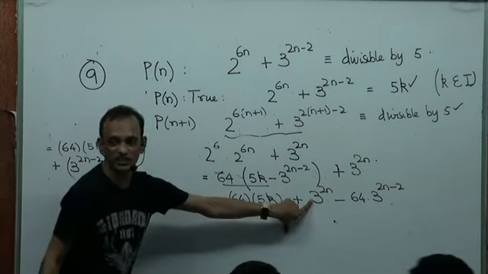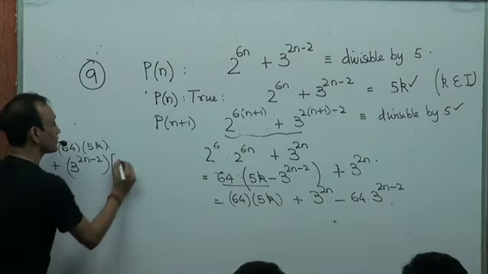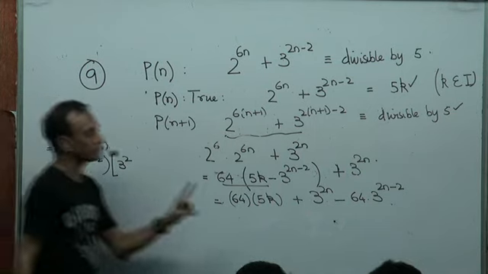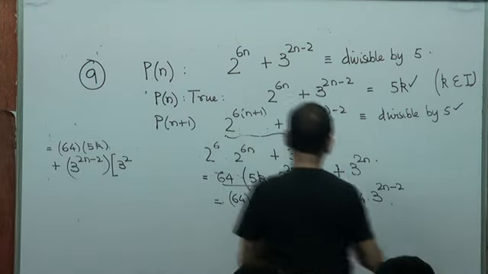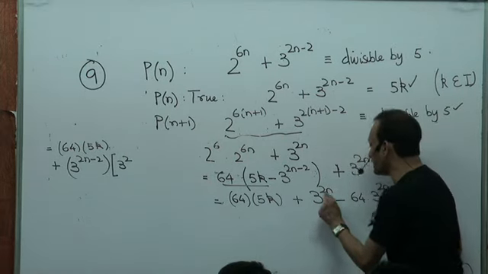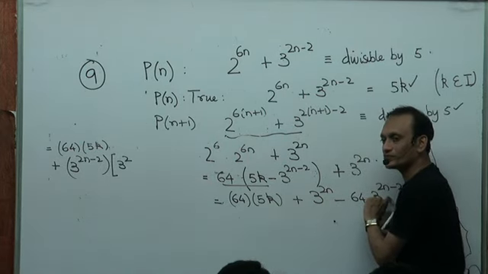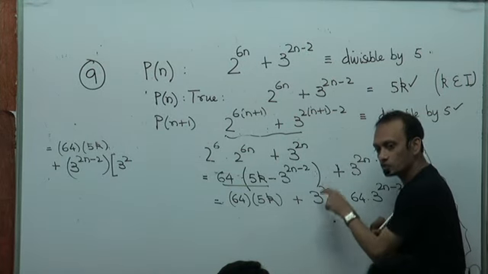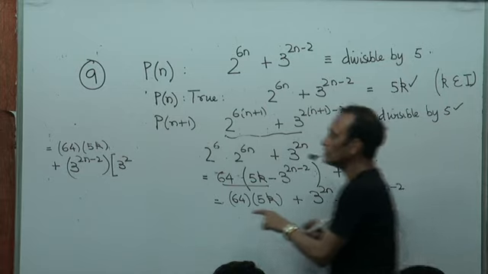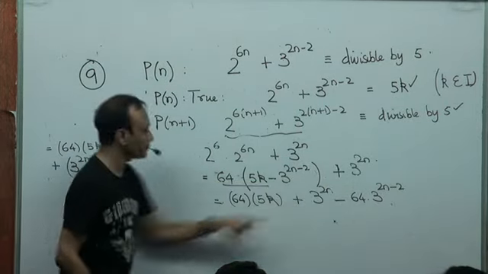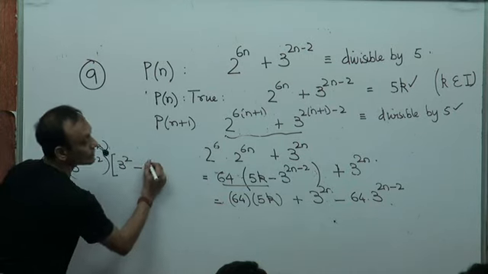Then this will become 3 squared, isn't it? Yes or no? Will this not become 3 squared? If I take 3 to the power 2n minus 2 common, that means I'm actually dividing each one of them by 3 to the power 2n minus 2. So dividing this by 3 to the power 2n minus 2 would give me 3 squared, 9, because 2n minus 2 plus 2 will give me 3 to the power 2n, minus 64.